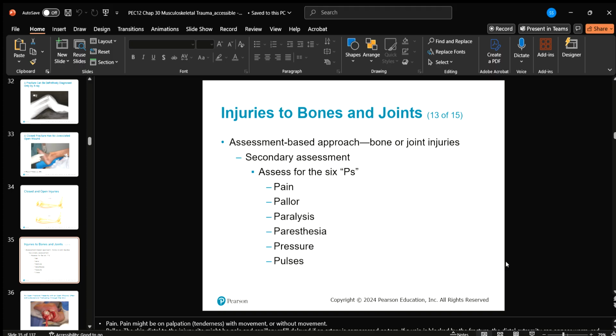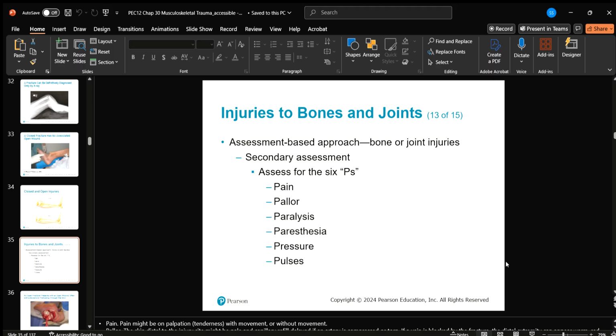Is it blanching? Think about when we put a tourniquet on ourselves. We're healthy individuals, and we get that blanching of the skin because there's no blood flow. Likewise, if blood flow is cut off to an extremity due to a fracture, you may get that pallor, that paleness in that extremity, and you may get that blanching.